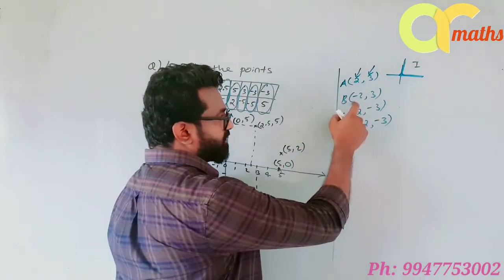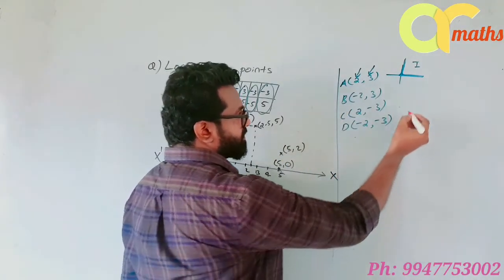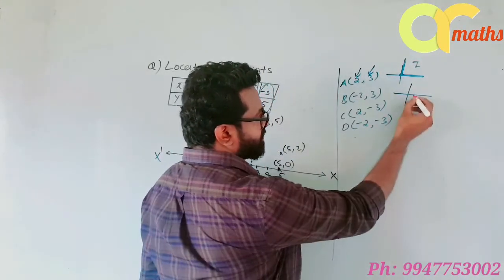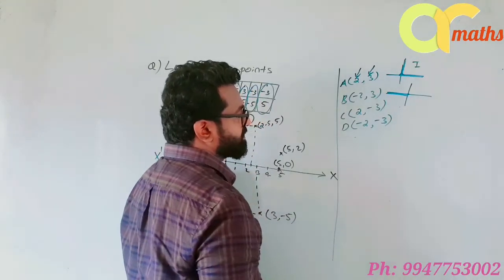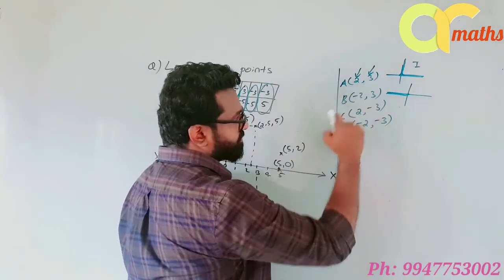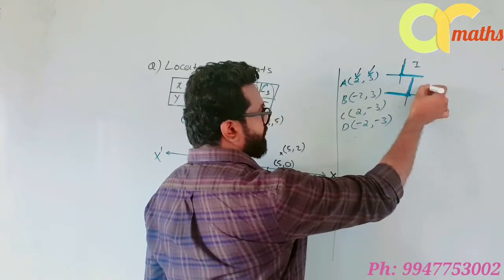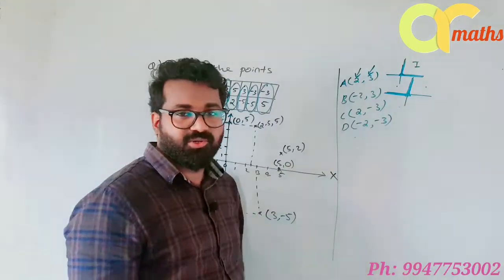Next, B. Which quadrant is B? Here x is negative, this is positive, here negative. Next, y is positive. So B is second quadrant.